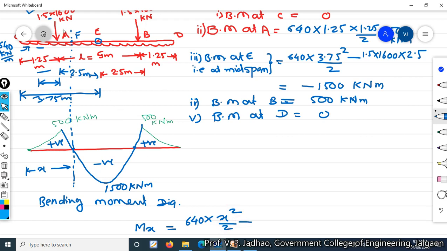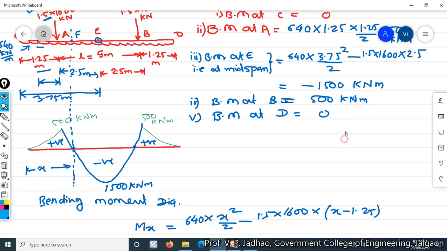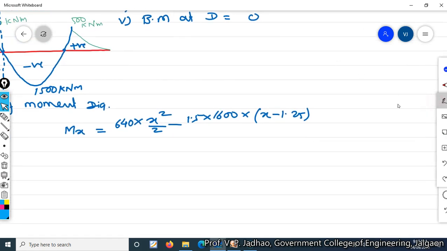Because the bending moment value due to this column load will be sagging, and therefore it is minus 1.5 into 1600, and it is acting at a distance x minus 1.25 meter. So we can equate this value with 0, because at point of contraflexure the bending moment will be 0.